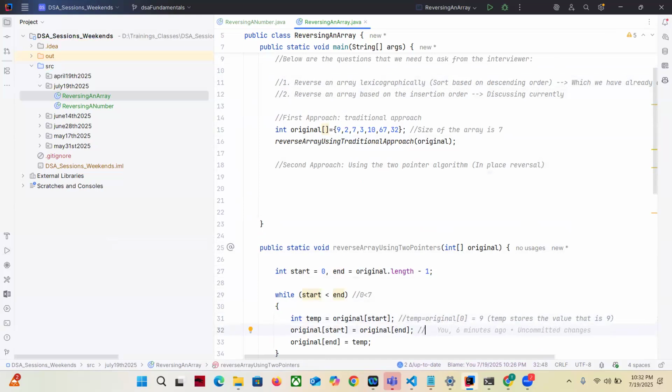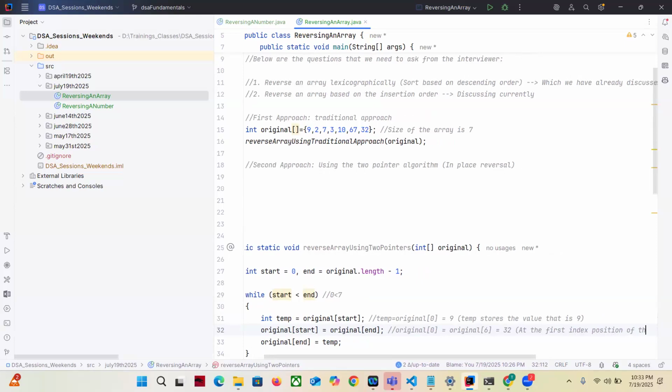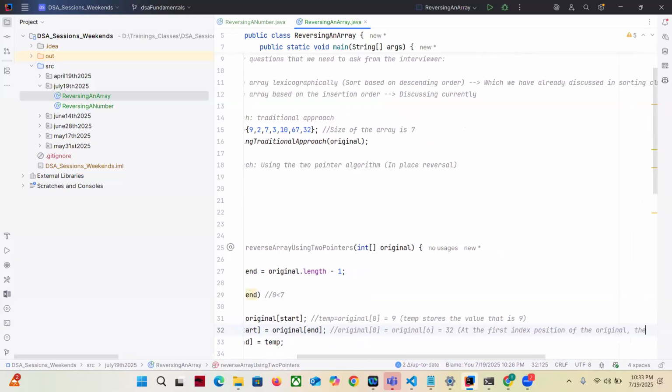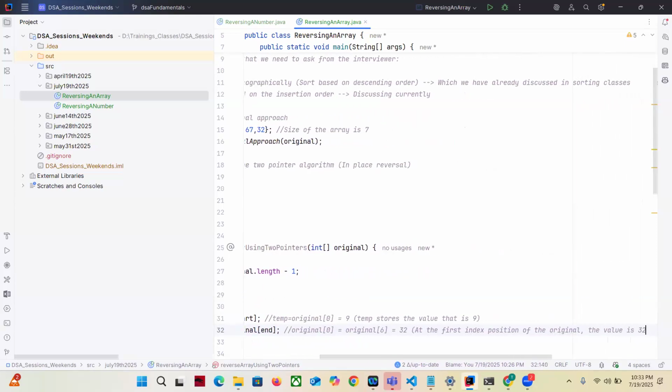Now when I say original of start equals original of end, what is the end index position? 7 minus 1, 6. What is the value present at the sixth index position? 32. So at the first index position of the original array, the value is 32. Clear?